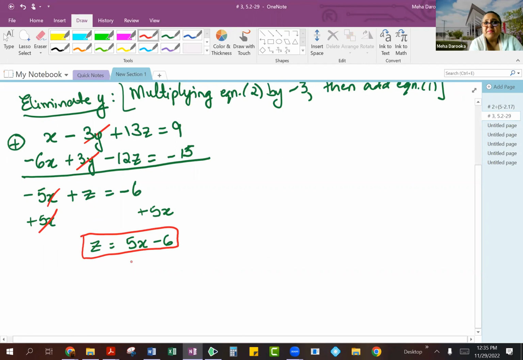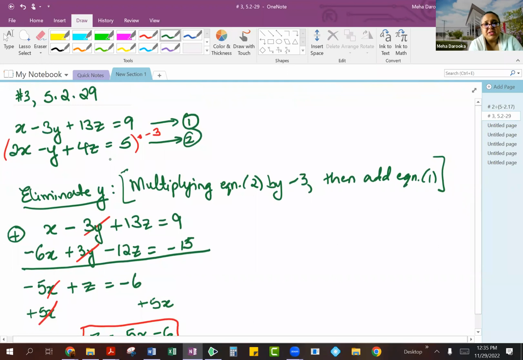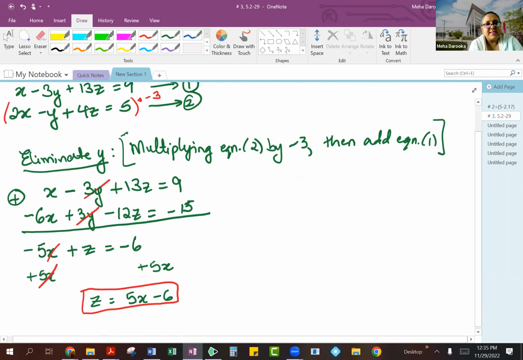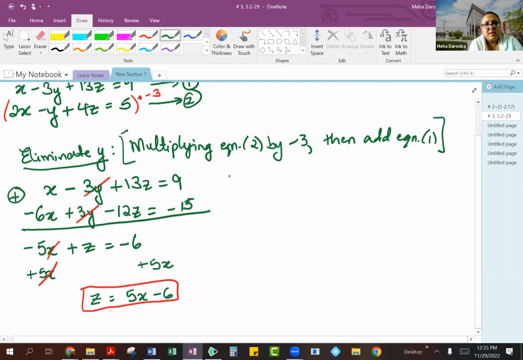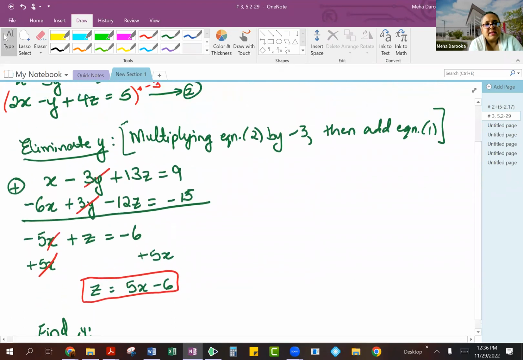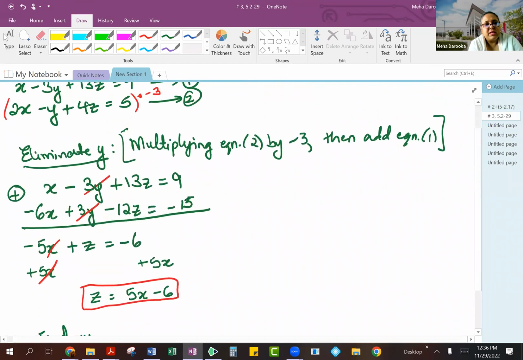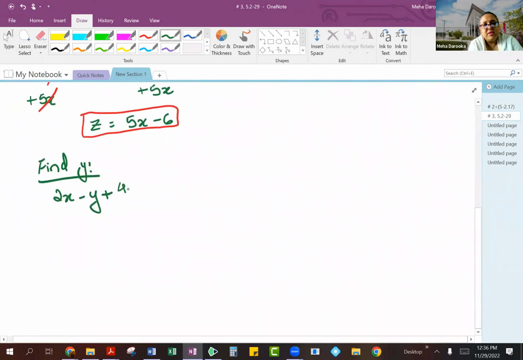Now we want to do the same thing for the y variable. So for the y, take any one of the equations, it doesn't matter. Maybe the second equation. Okay, our second equation is 2x minus y plus 4z equals 5.